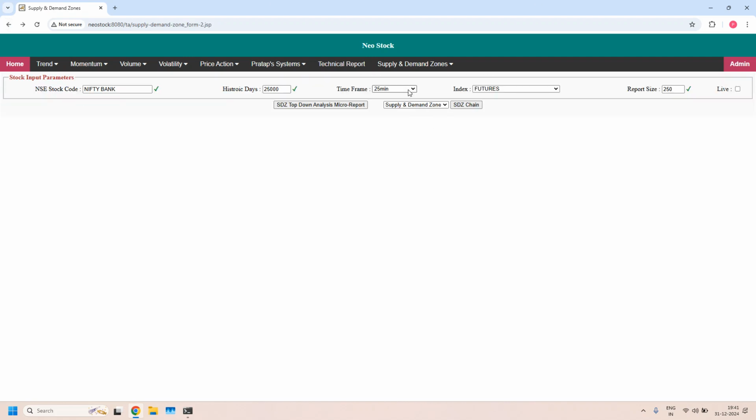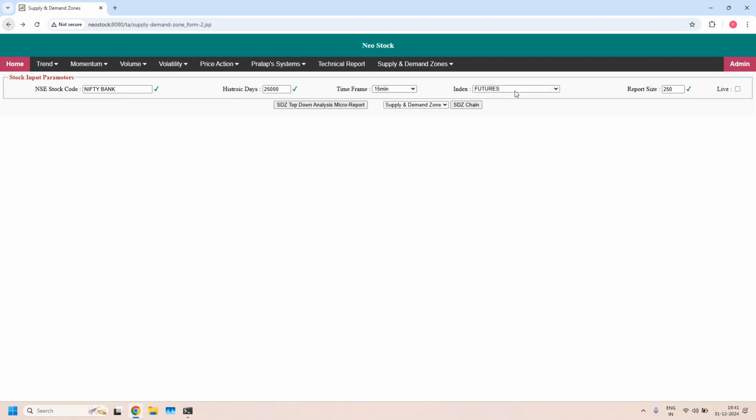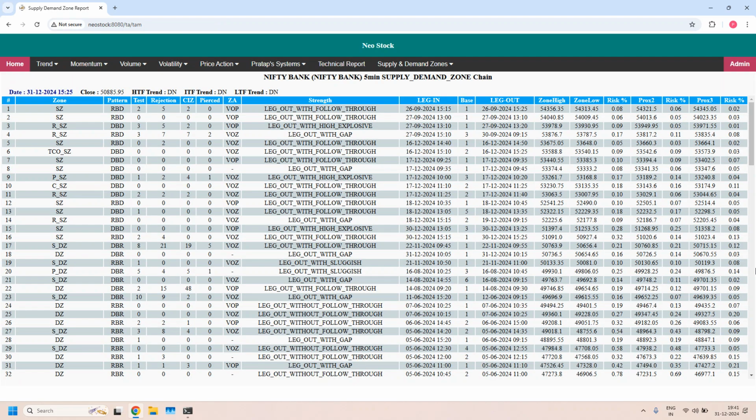Next, 15 minutes supply demand zone chain for BANKNIFTY. Next, 5 minutes supply demand zone chain for BANKNIFTY. So this is about BANKNIFTY supply demand zone chain.